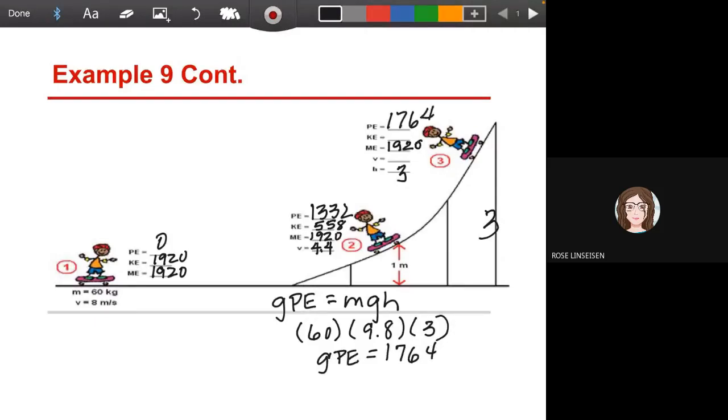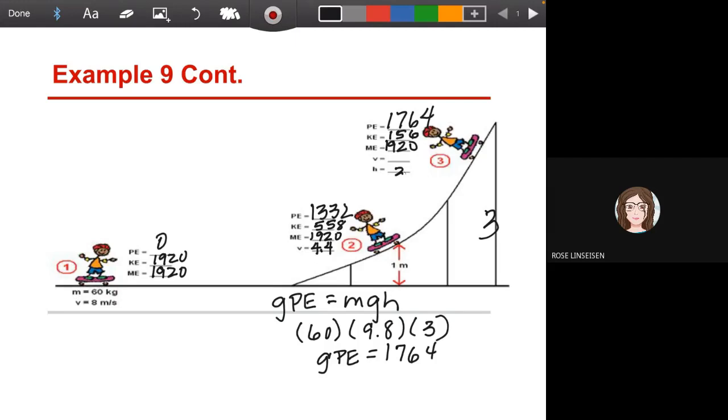And you would expect that at this point, there would be a lot of potential energy because this person is at a height that's 3 times higher than before. Which gives me a kinetic energy of 156 joules. That's my kinetic energy.